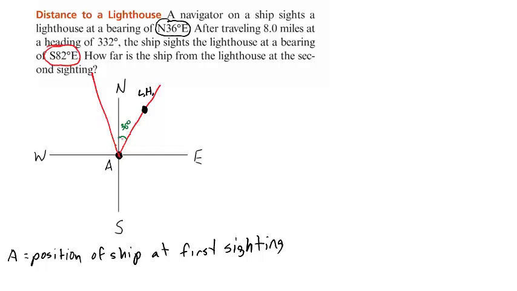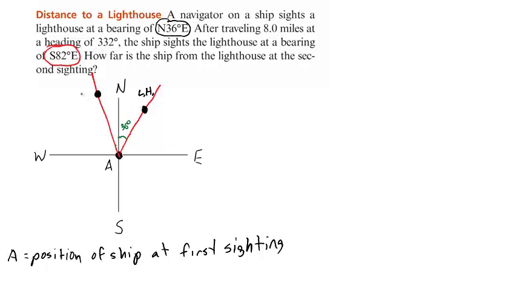Well, south 82 degrees east is almost all the way east, right? 90 degrees east from south is east, right? So I'm thinking as long as I put my ship at the second sighting, if it were right here, then the lighthouse would be directly east of it. So I got to go a little bit north of that.